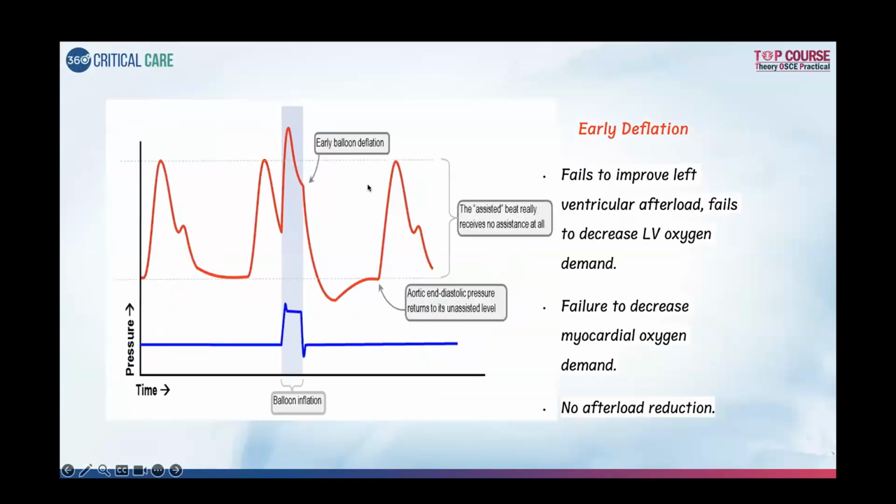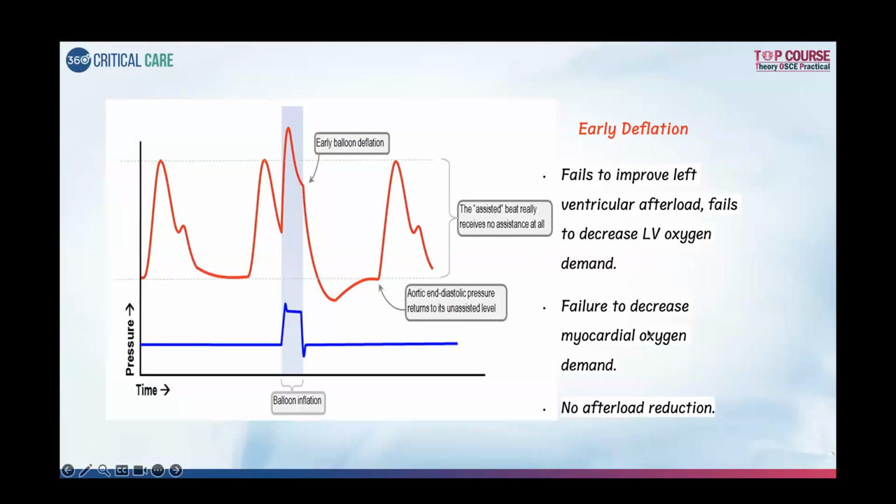Early deflation. The deflation should happen much later, somewhere there, right? It should happen there, but it has happened much earlier. So what will it cause? There is failure of improvement of left ventricular afterload, and it fails to decrease left ventricular oxygen demand. Because it is deflating early, it is not assisting much time for the diastolic flow to the coronaries.